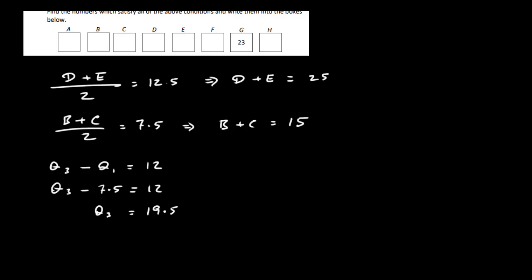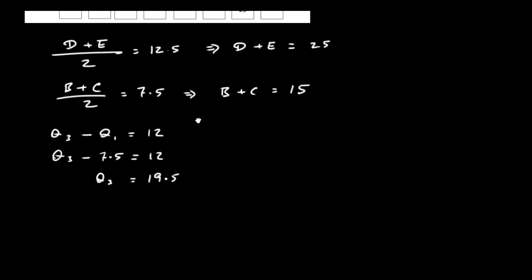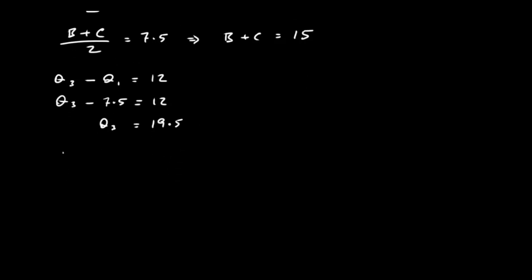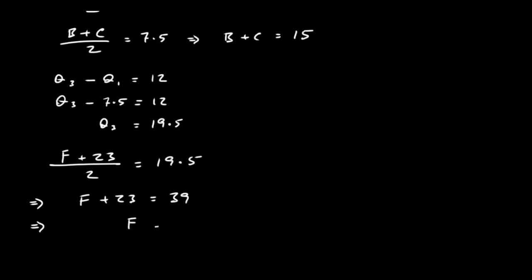And we know that G is 23. So we're going to take F plus 23, divide by 2, and our answer will be 19.5. So let's double both sides. F plus 23 is equal to 39. So that will give me F is equal to 16.